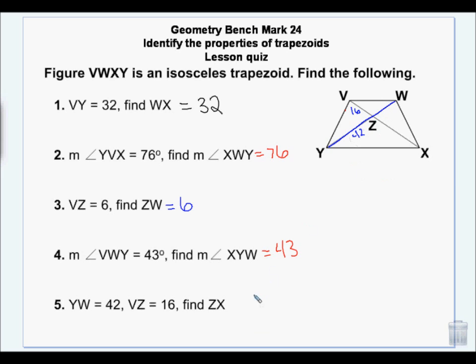Yeah, we need 42 minus 16, which is 26. Because the diagonals are congruent to each other, right? Does that make sense? Almost. Sorry. Okay. Any questions on that? No?